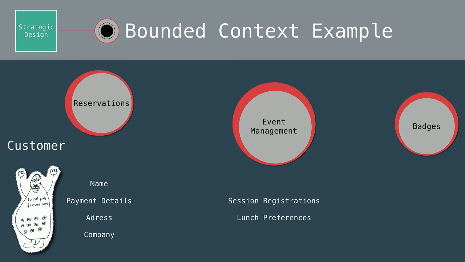And then we have an interesting case with the badges. Basically, in the badges, we don't see the customer as well. The central model in the badges is the badge. Basically, me as a customer, I get reduced to a lunch preference, and finally I get reduced to a printed piece of paper, where I have my name and a job description and, for instance, my Twitter handle at BitBoss.